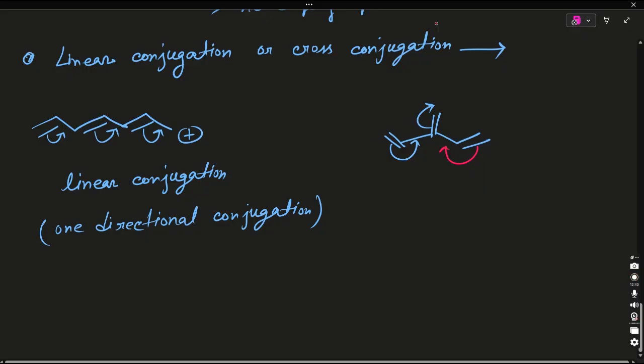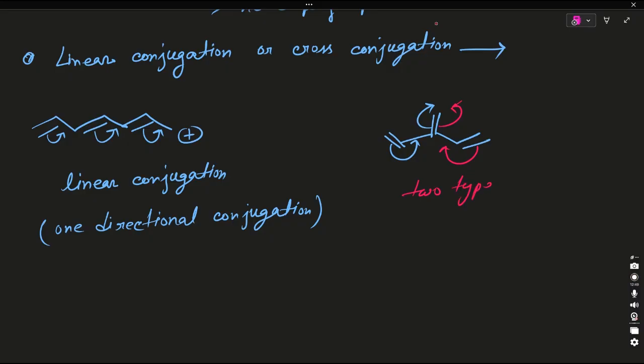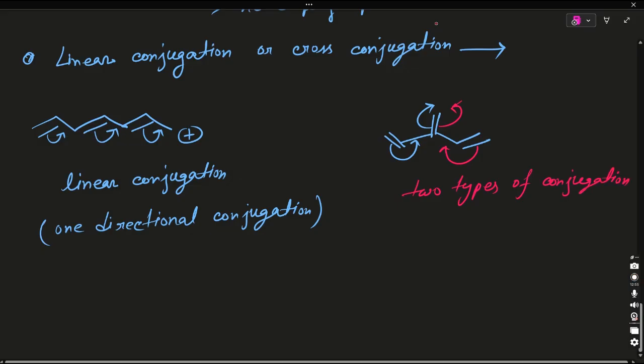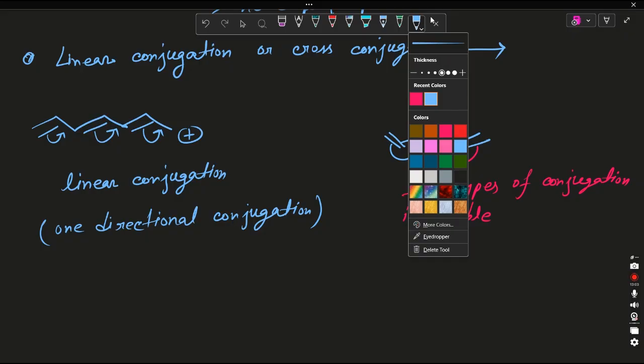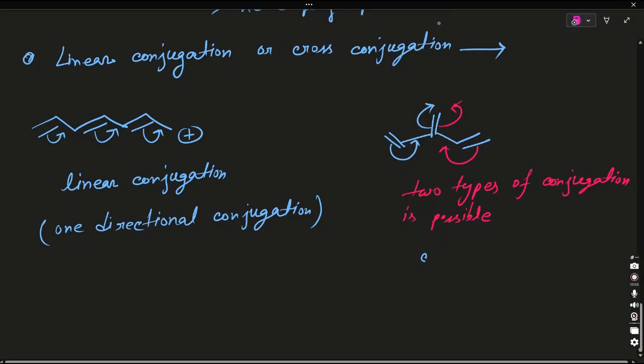Yes, two directions of conjugation are possible. So this is actually called cross conjugation.